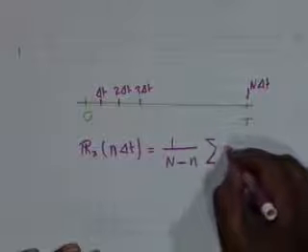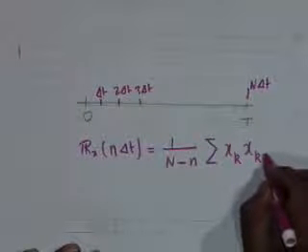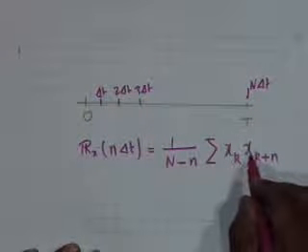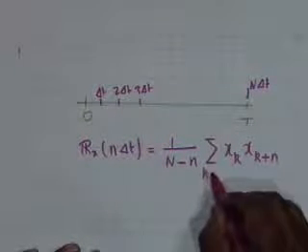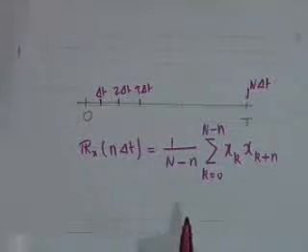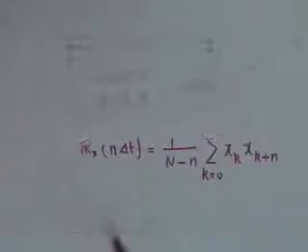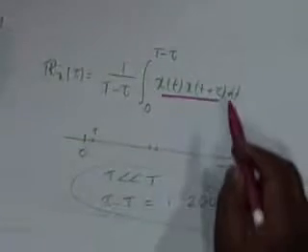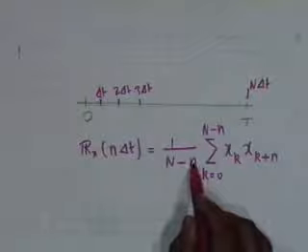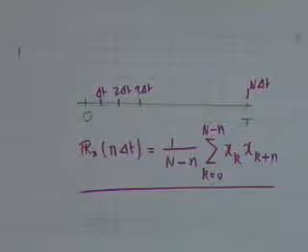Then summation x of k times x of k plus n for k going from 0 to capital N minus n. This is the analog of the integration that I wanted to perform, that is 1 by T minus tau, integral from 0 to T minus tau, and the product of the two. This dt cancels with the delta t that we shall have here, and this is the formula that is used for computation, and it can always be programmed on a digital computer.